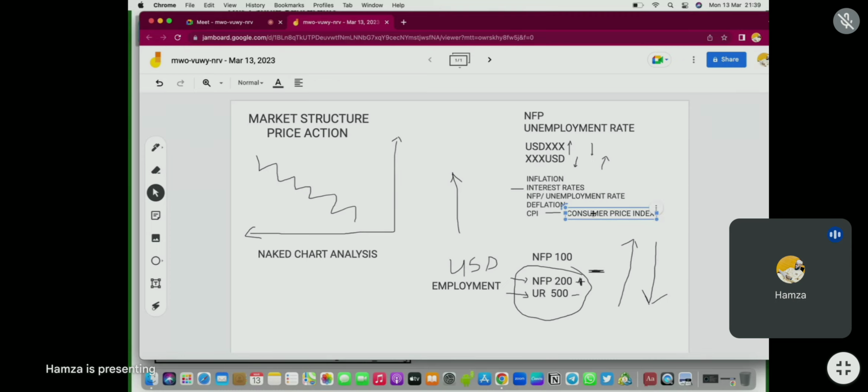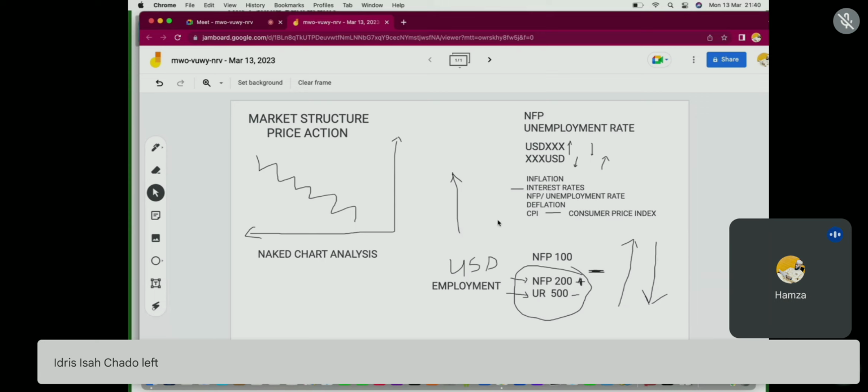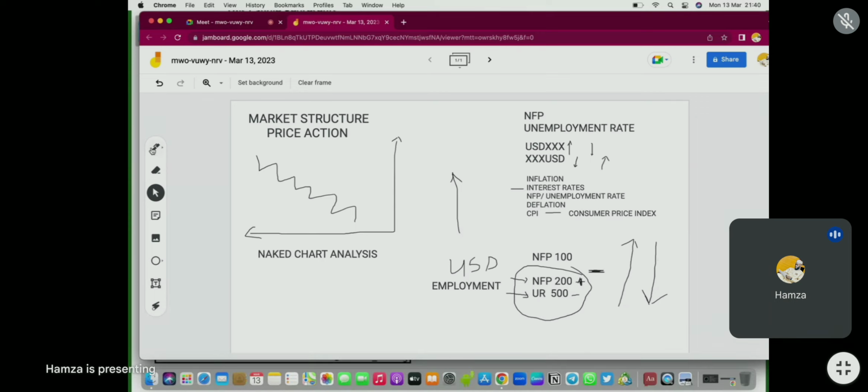So yeah, CPI is just another fancy term for a macroeconomic event that seeks to track consumer spending. Because if people have money, you see, the United States, I know as a Nigerian, you might be wondering how the hell would the government know that we have money?